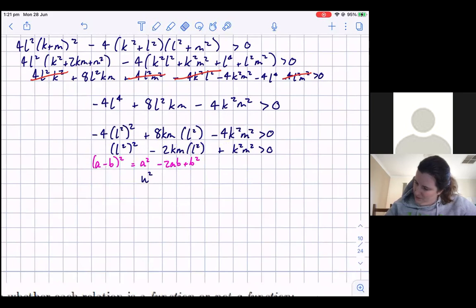We've got L squared squared, take 2 times L squared times KM, plus KM squared. So we're actually factorizing: L squared take KM, all squared, when that comes out as bigger than 0.